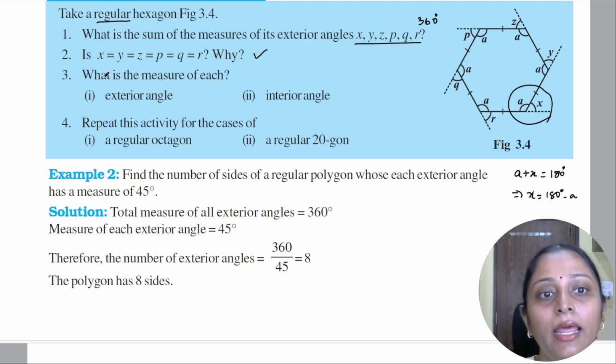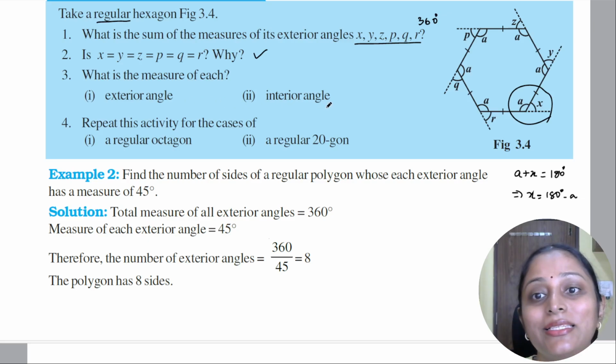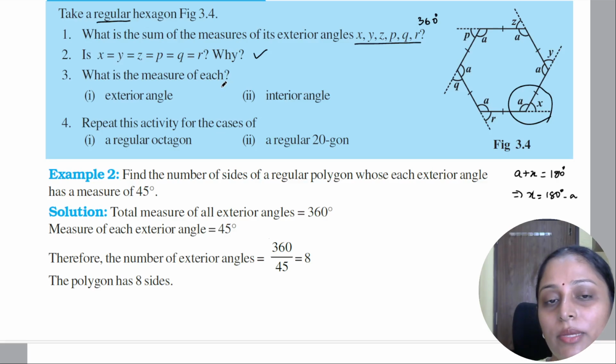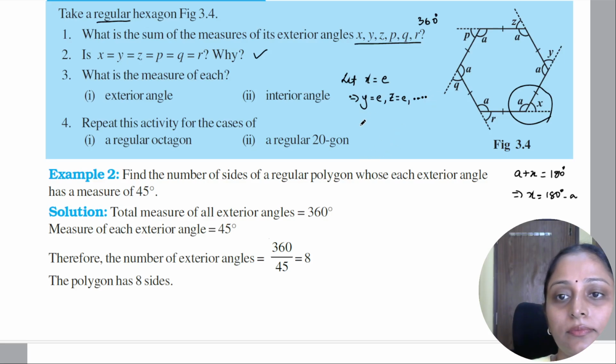So this is done. Next, what is the measure of each exterior angle and each interior angle? Now how do you solve this? How do you find out the measure of each exterior angle? Now let one of them, for example, let x is equal to E. I'll call it E. Because all the exterior angles are same, I can say that y is also equal to E, z is also equal to E, and so on, right?